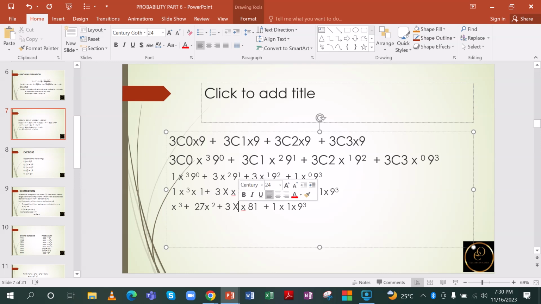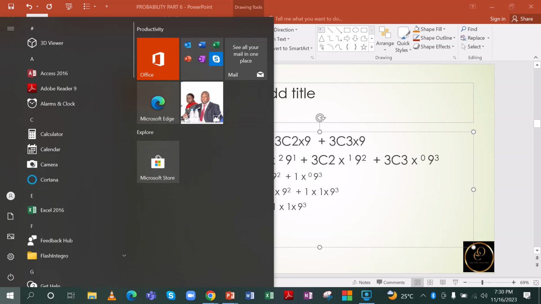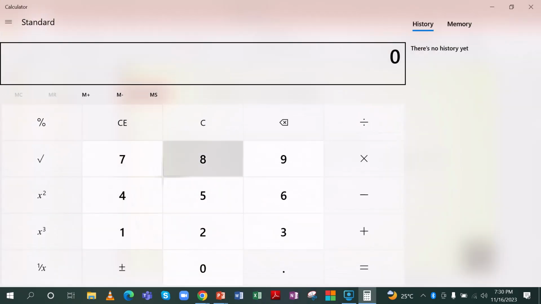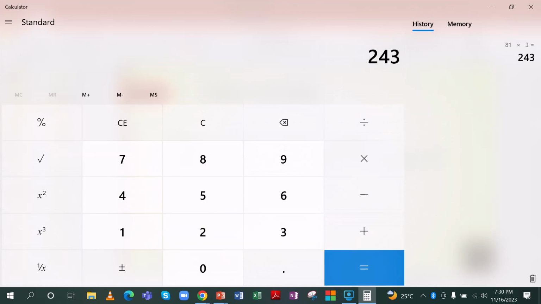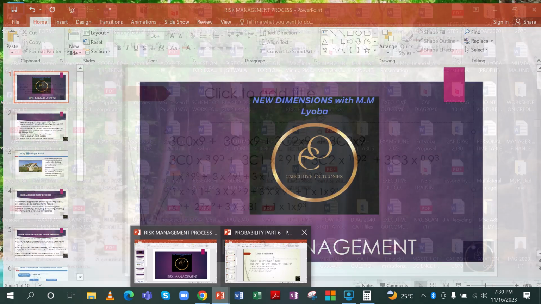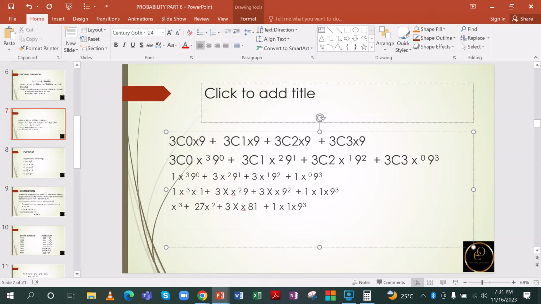So 81 times 3, you are going to get 243. So meaning this one, you multiply that one by 81, it will be 243x.